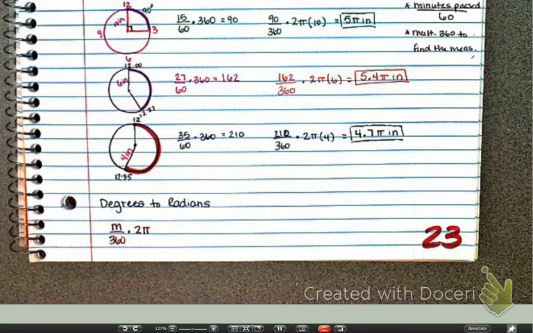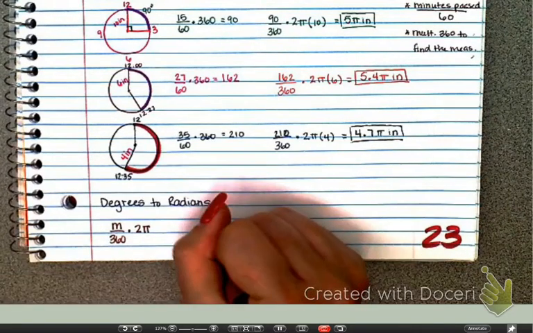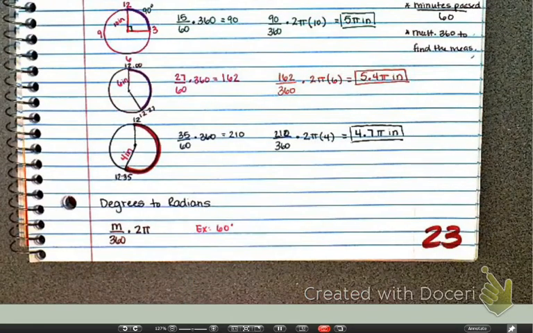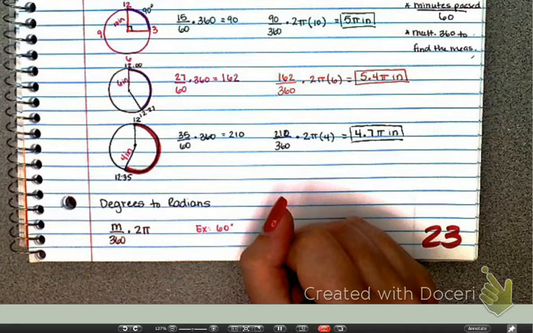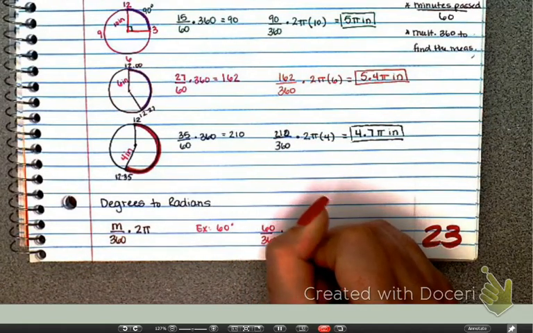So we've been looking at degrees. That's one way to measure a circle. We can also measure a circle in radians. So we are going to convert degrees to radians.